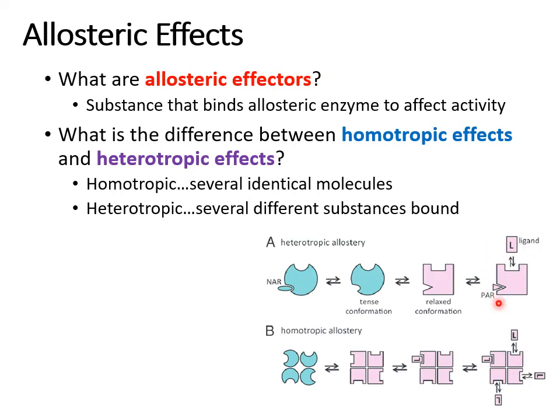Because remember, the three effectors I want you to know are substrates, inhibitors, and activators. If it's the same exact one bound to that enzyme, that's homotropic, and if it's more than one of them, different effectors bound at the same time, that's heterotropic.